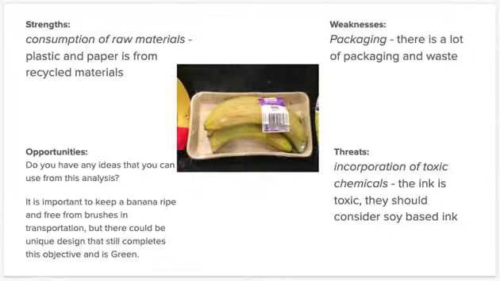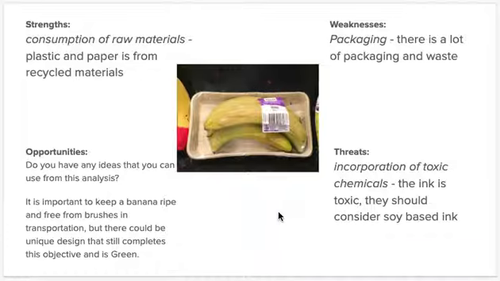All right, so here's a couple of examples, and we also use something called SWOT to analyze products. So SWOT stands for strengths, weaknesses, opportunities, and threats. So looking at the strengths of this, see how there's a paper on the outside? That's nice, that's recyclable. However, the packaging is a bit wasted because you've got all this extra packaging for a banana.